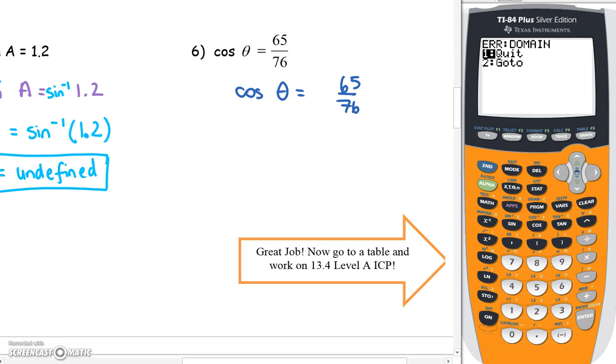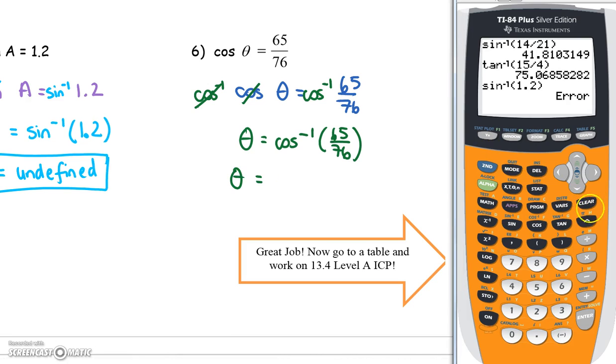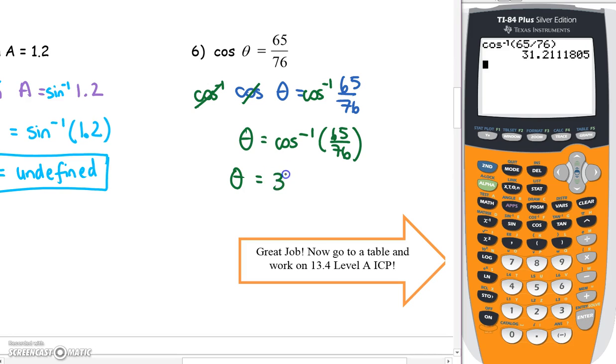Cosines cancel, and we're left with theta equals cosine inverse of 65 over 76. Let's clear. Second cosine gives us the inverse, 65 divided by 76. Close the parentheses, enter, and we get 31.21 degrees. And that's our final answer.